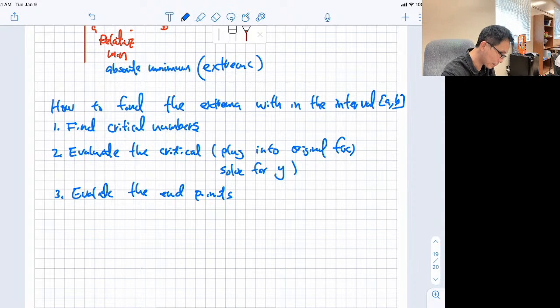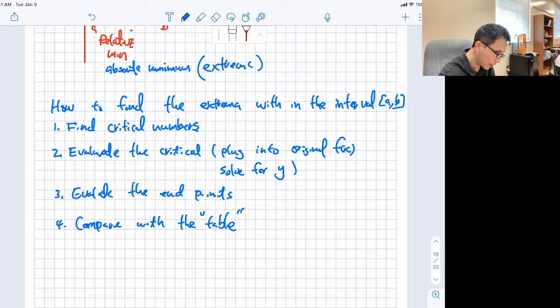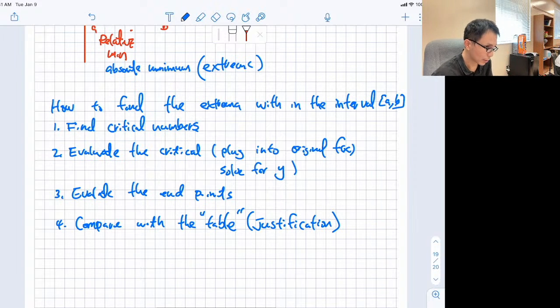Evaluate the endpoints. The fourth is compare with the table. What do I mean by table? Table means justification on the AP exam. That usually means 1 point. So if you're able to justify, they give you 1 point.